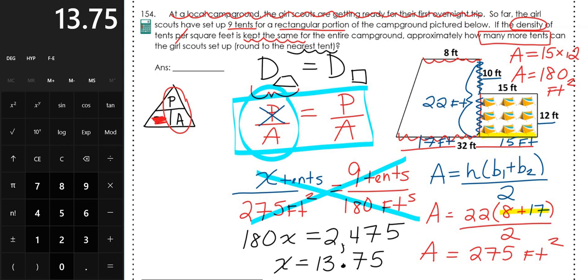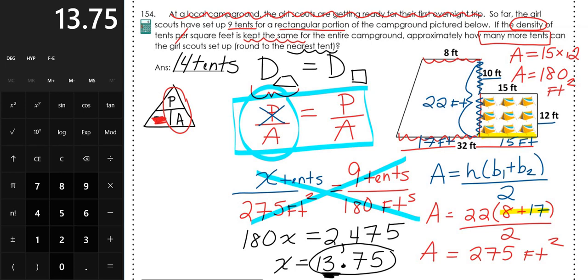Rounded to the nearest tenth, well, 14 is the nearest tenth, because that's what we're looking for, a whole number. So 3 is going to round up to 4. So 14/10 approximately can fit into the rest of this campground. The rest, that 14/10 is going to be a little bit of a tighter fit than the rest, but if we're rounding to the nearest tenth, we can get 14 in there.